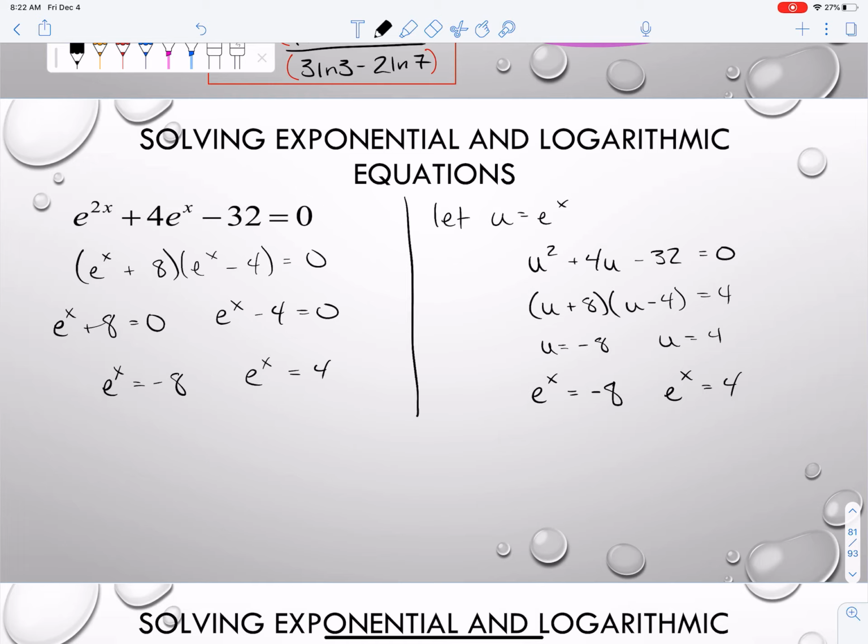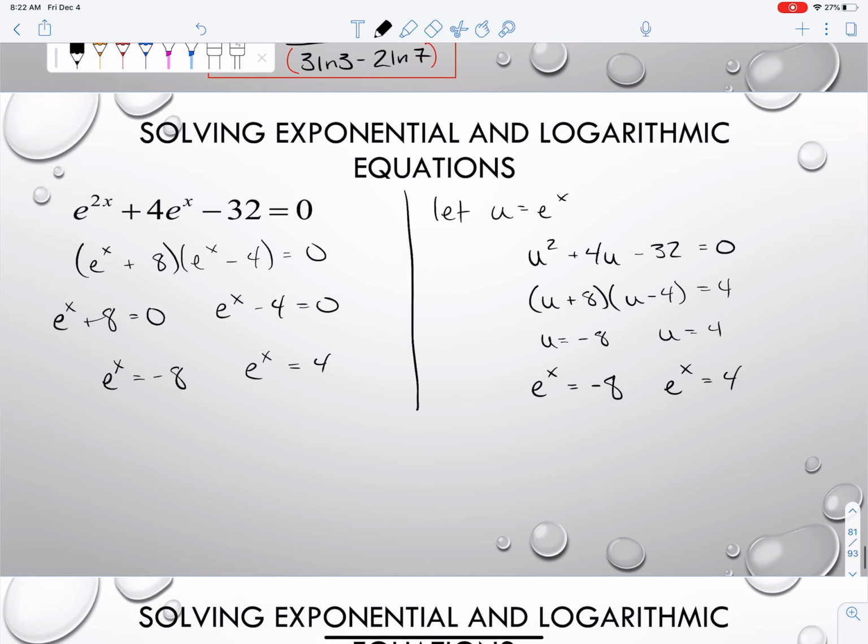If I go to solve, I would take a natural log of both sides because I have e to the x's. If I just do the natural log, I'm going to have x equals the natural log of negative 8, and x equals the natural log of 4.